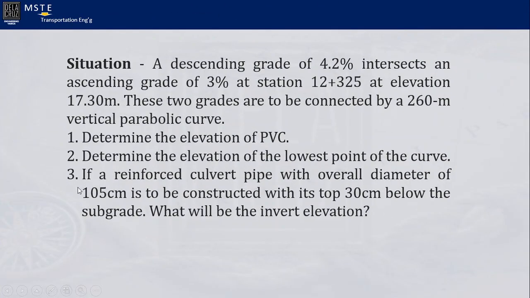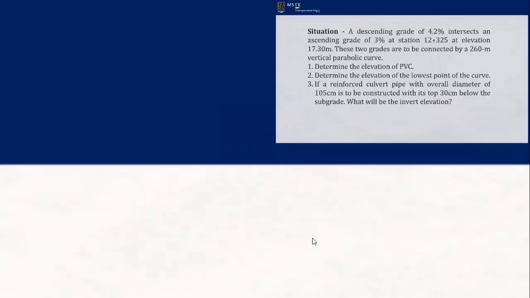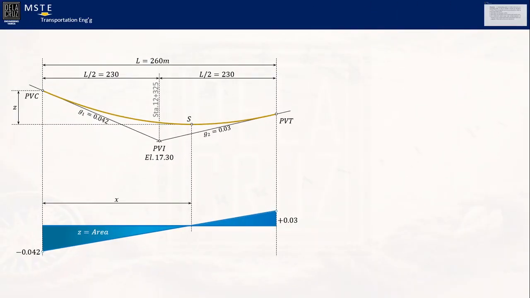Okay, so for number 3, if a reinforced culvert pipe with overall diameter of 105 centimeters is to be constructed with its top 30 centimeters below the subgrade, what will be the invert elevation? Okay, may ilalagay daw tayo na concrete culvert pipe at below the subgrade 30 centimeters.